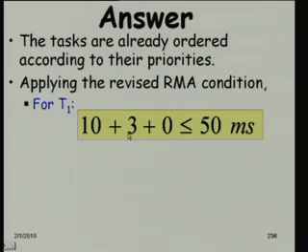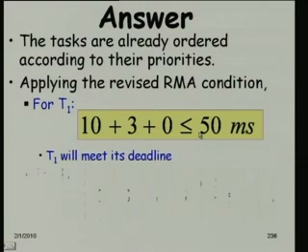For the first task, Bti is 3, and the delay due to higher priority tasks is 0, because it is the highest priority task. So, execution time is 10 and its self suspension is 3, which is less than 50, its deadline. T1 will meet its deadline.